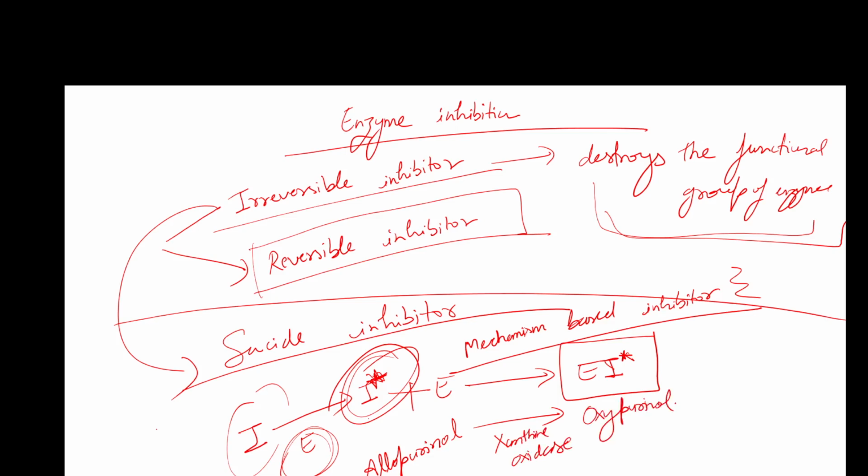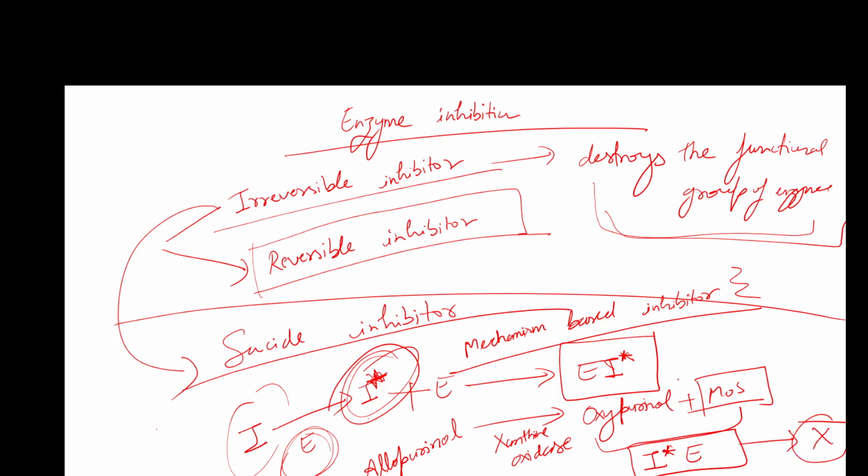Okay, and now this oxypurinol can bind to the molybdenum sulfate site of the enzyme, which interacts with the original substrate of the enzyme, and thus forms a complex and doesn't produce any product.